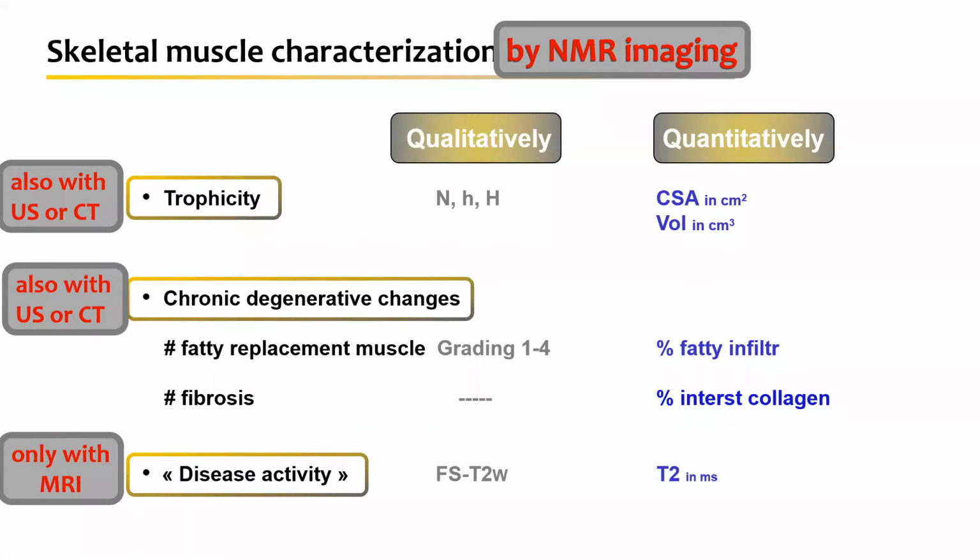But to be honest, both trophicity and the chronic degenerative changes, at least in the hands of experts, particularly for the ultrasound, can also be nicely investigated. What makes MR superior is the ability to detect lesions, inflammation, edema. Very, very difficult with the other techniques.